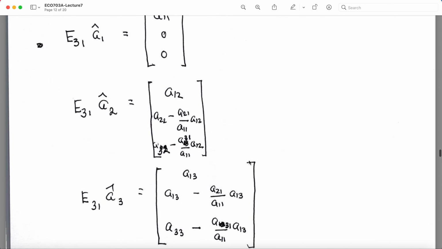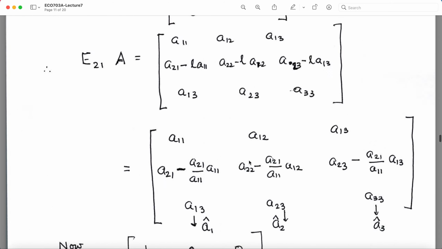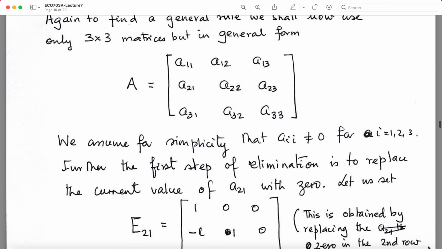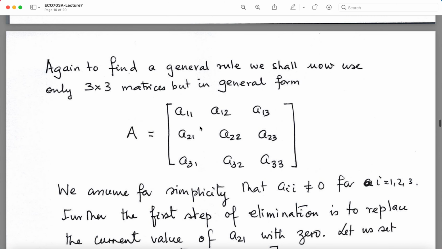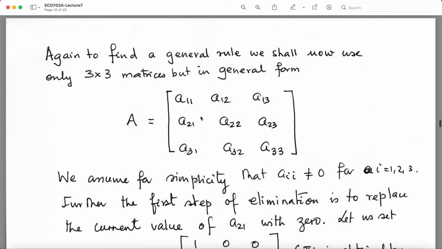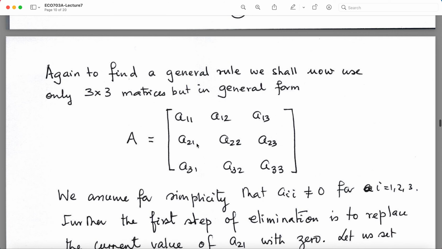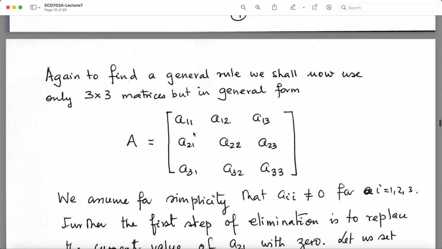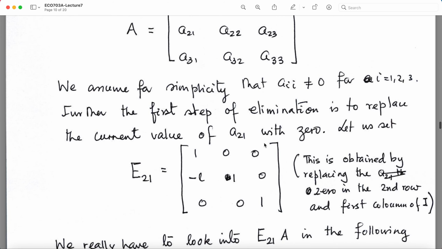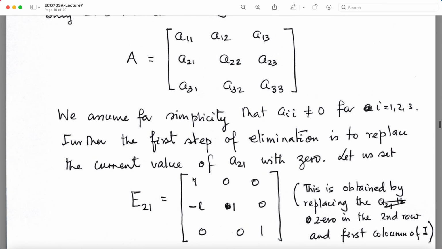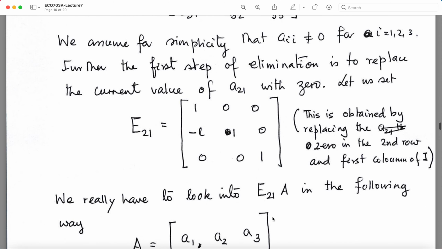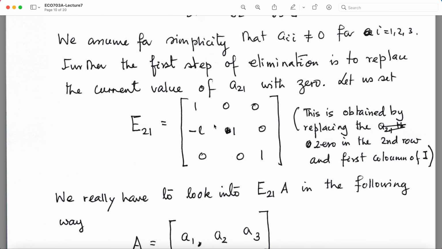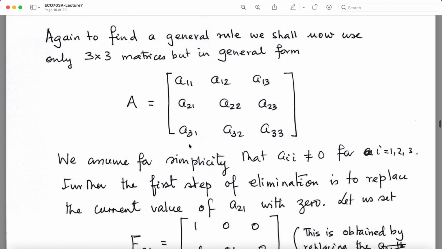Because here, if you want to do your very first operation, take a 3 by 3 matrix for example, and you want to reduce this entry to 0, I multiply the first row of the identity matrix by minus L and add it to the second row and replace the second row by this. We want to know what L value should be so that A21 would actually reduce to 0.